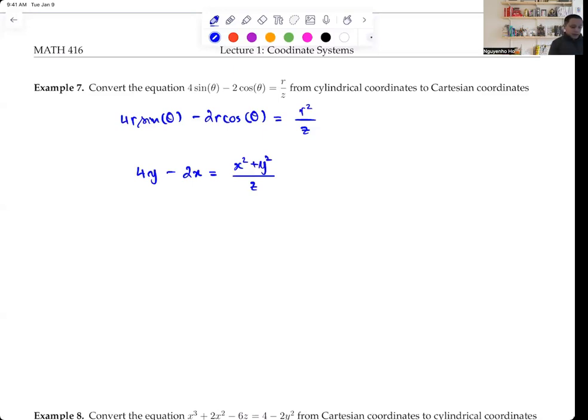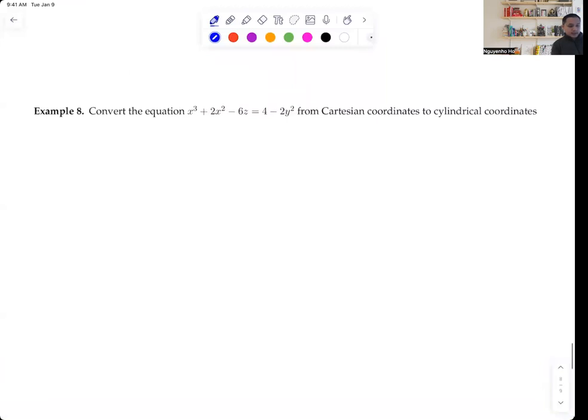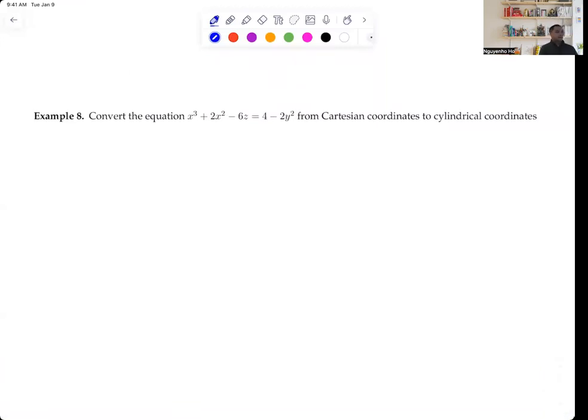Okay. Now for the last example. You want to convert this equation from Cartesian coordinates to cylindrical coordinates. This one is a little bit easier because you have the formula and you just plug in the formula. You don't have to do any manipulations on this equation. So Cartesian to cylindrical, you have x equal to r times cosine of theta, y equal to r times sine of theta, and z equal to z.